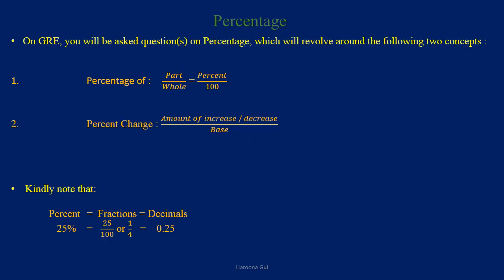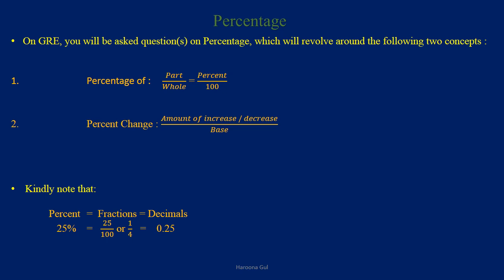Now, as far as GRE questions on percentage are concerned, you will be asked questions that will revolve around two main concepts, that is percentage of or percent change. Kindly note that when you write percent, what you're going to write is the value with the percentage sign.